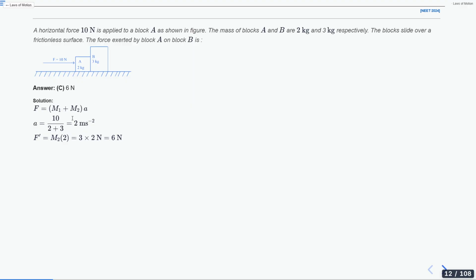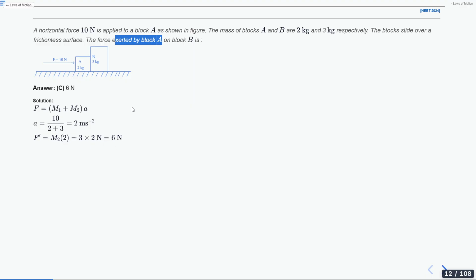Acceleration is force, 10 Newton as given in the question, divided by m1 plus m2, that's 2 plus 3, so we get 10 divided by 5, that's 2 meter per second square. Now you want to find the force exerted by block A on block B. So it will be mass m2, this is m2, 3 kg mass times 2, that is the acceleration.